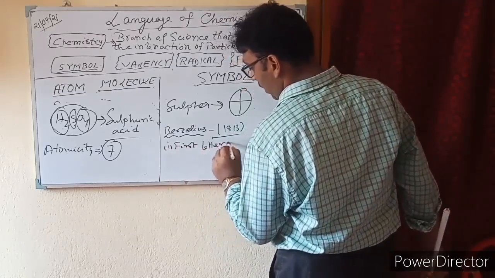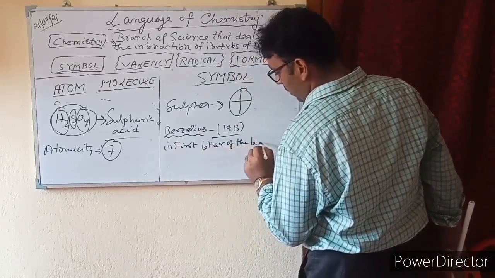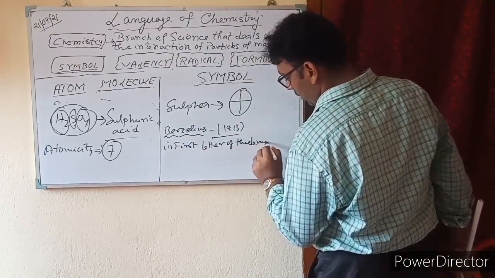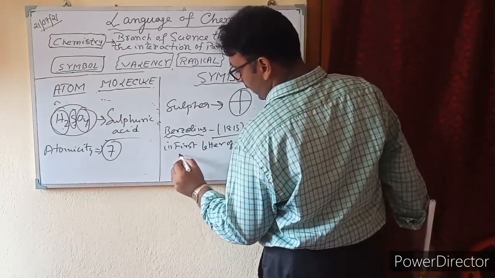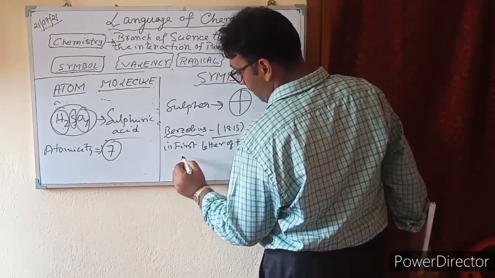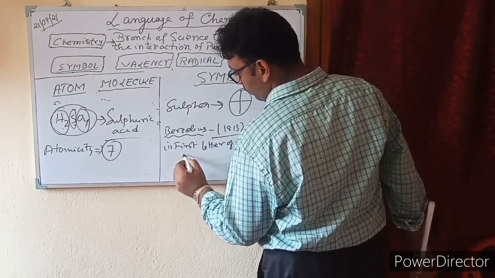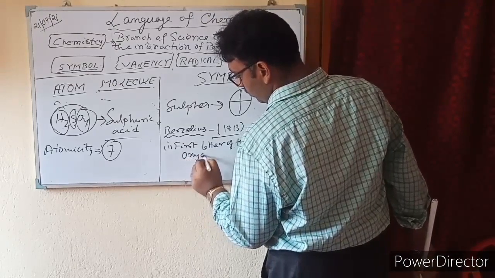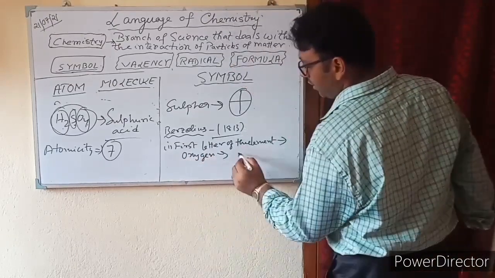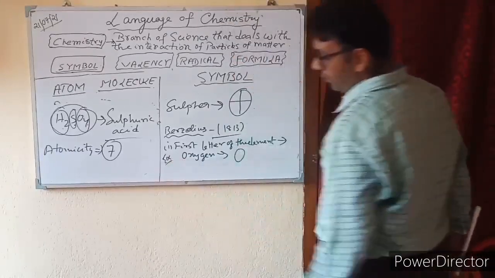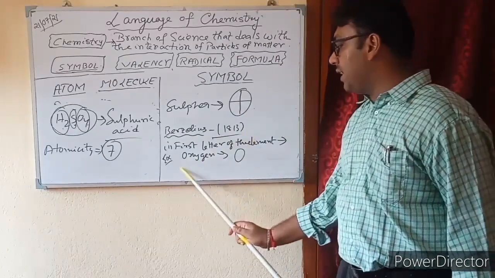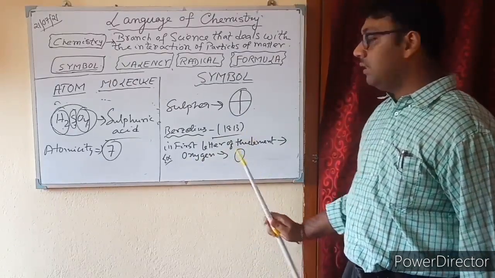Suppose oxygen, symbol is O. Example, oxygen symbol is O, that means the first letter of the element. This is the first type.